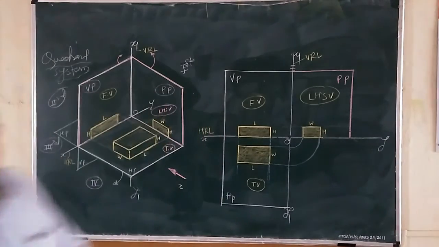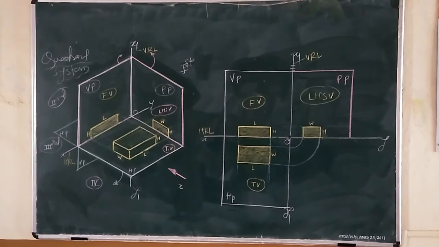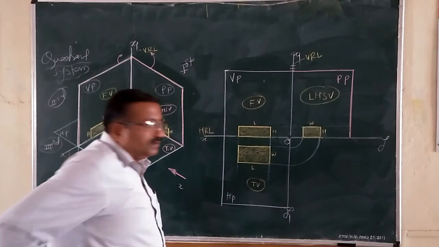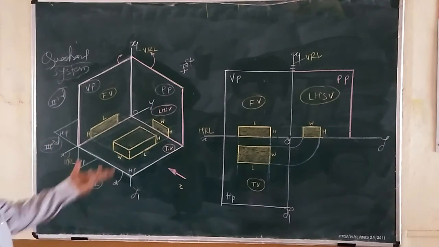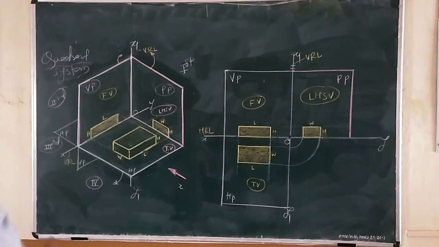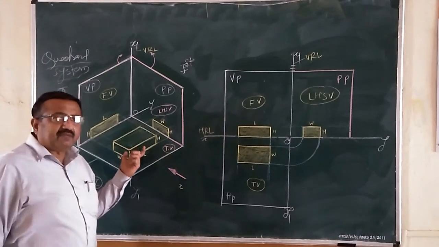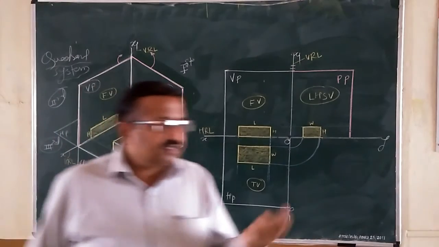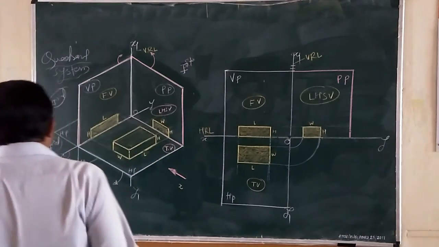Okay. So this completes the construction, or solution, of this orthographic projection for this simple three-dimensional object. A masonry brick we can say, or a kind of eraser which is kept in your compass box.